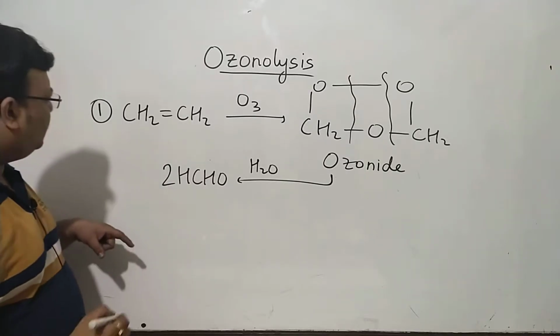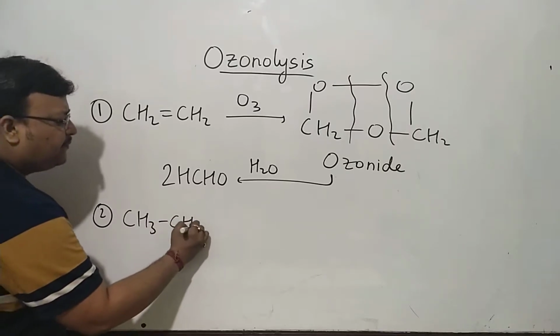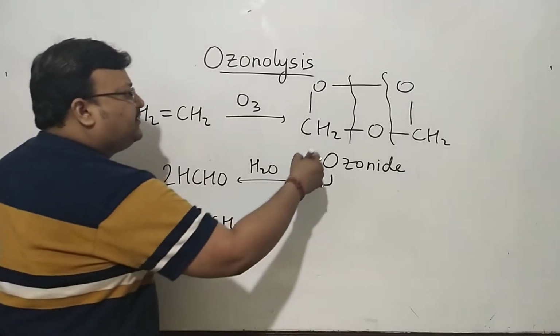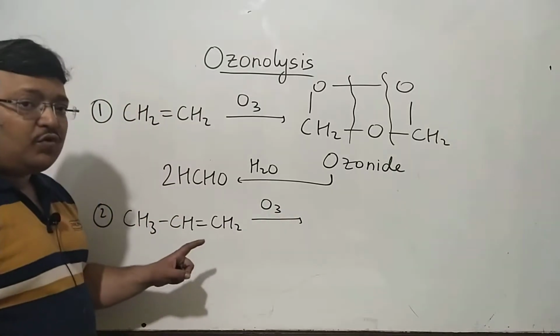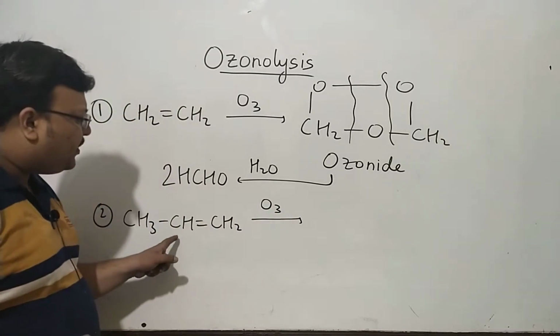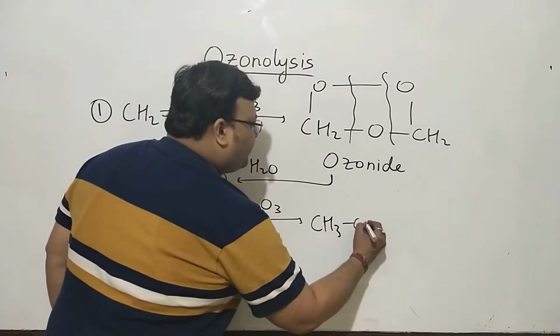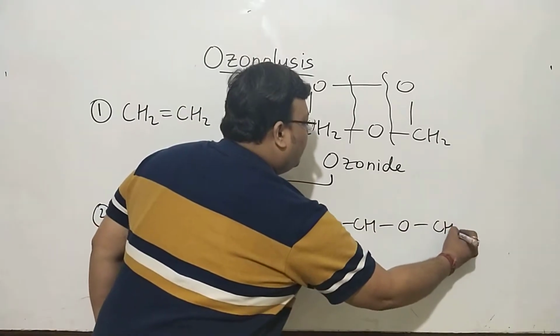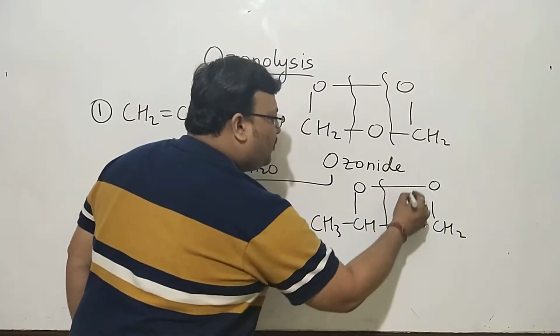The higher homolog, say propene, and this time when you draw the similar ozonide, you will notice again, I'll keep one oxygen between the 2 carbon atoms sharing the pi bond, and the other 2 oxygen atoms on the head of the 2 carbon atoms sharing the pi bond.